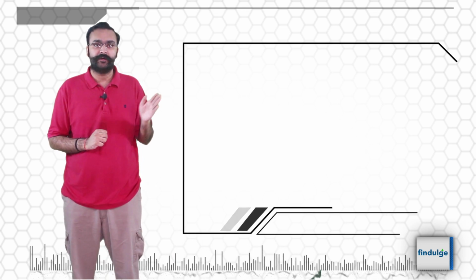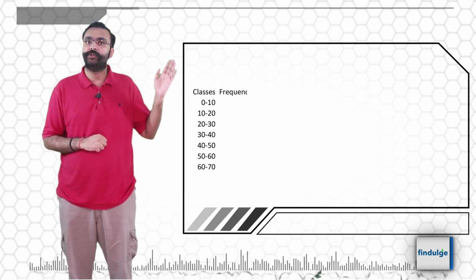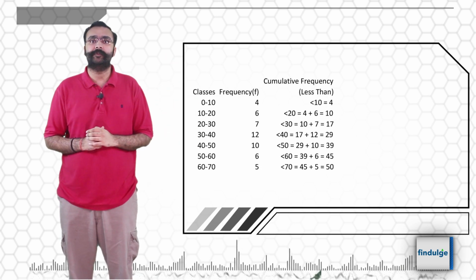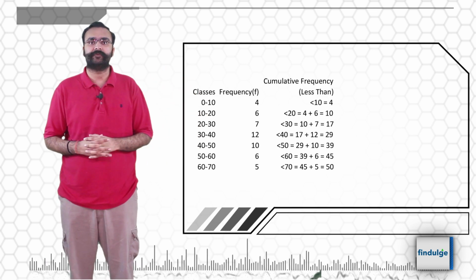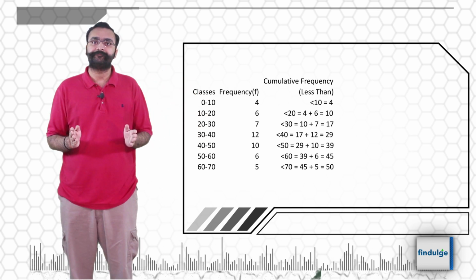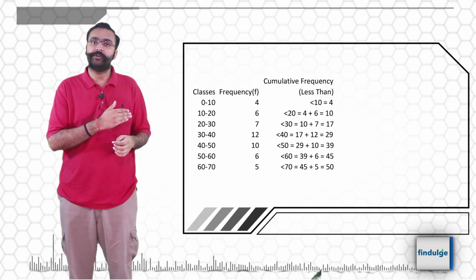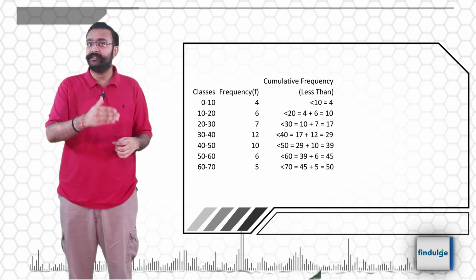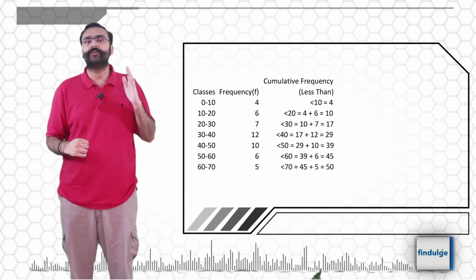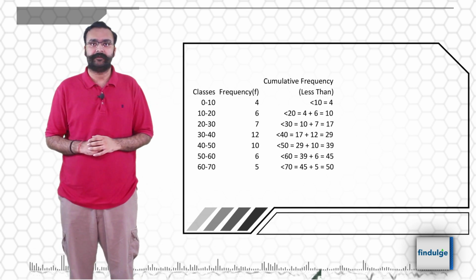So what you do is, you have your classes, you have their frequencies. You create the less than cumulative frequencies. So less than 10, 20, 30, 40, so on and so forth. And then on a graph, you simply plot them, where on your x-axis, you have your classes 10, 20, 30, 40, 50, and on your y-axis, you have your cumulative frequency.